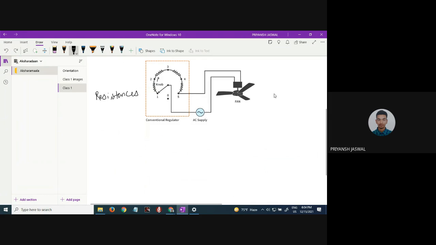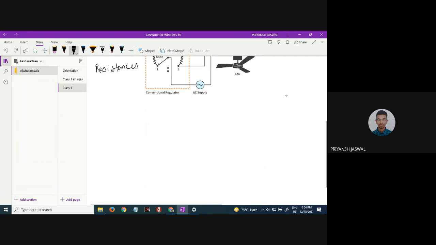So before moving deeply into this topic, quickly let's go through the series combination of resistances, how the current and voltage division occurs in the series circuit.